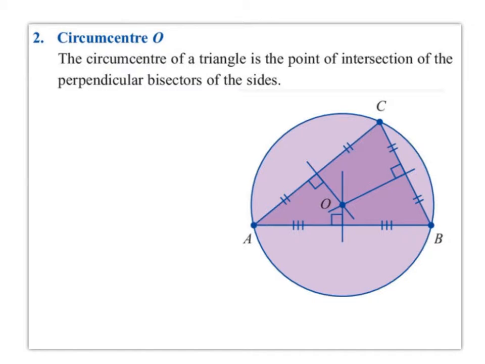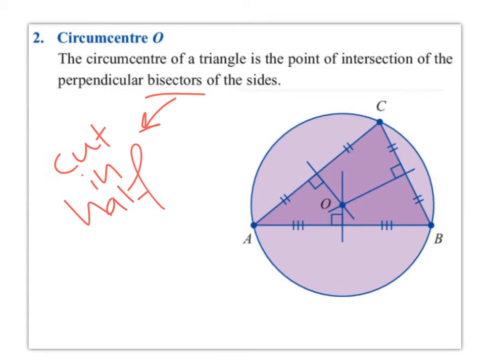Circumcenter O. The circumcenter of a triangle is the point of intersection of the perpendicular bisectors of the sides. So bisector means to cut in half.